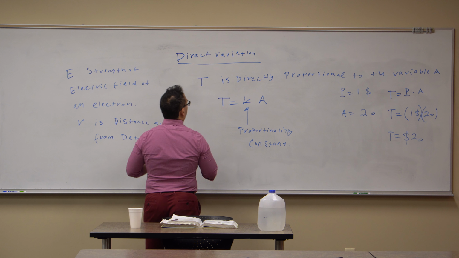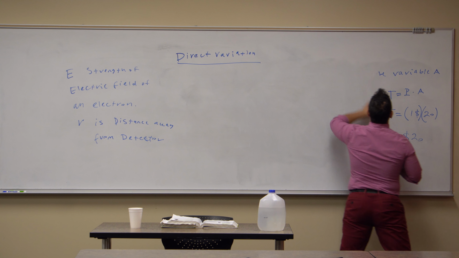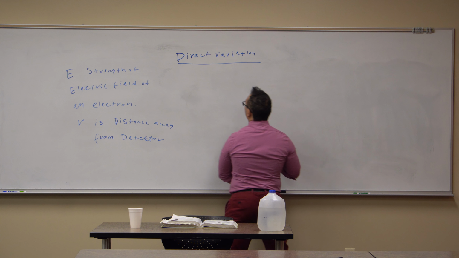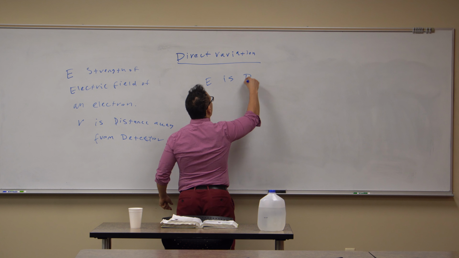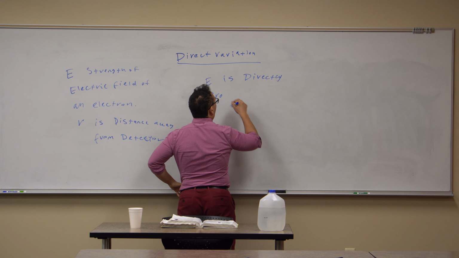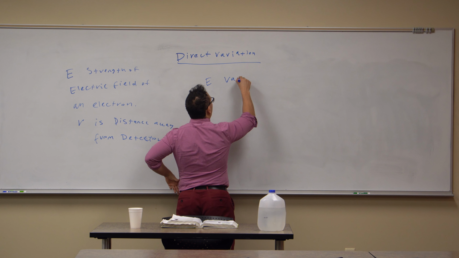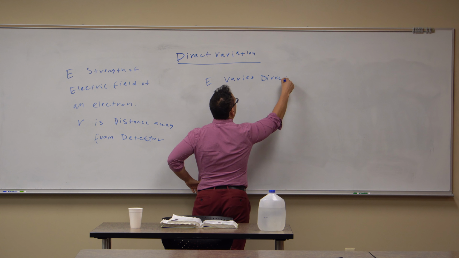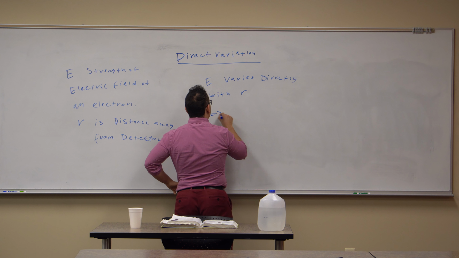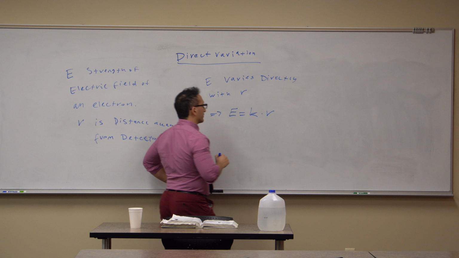What if, at this point, now I'm going to say E is directly proportional to R. Another way to say it is E varies directly with R. This implies that E can be re-expressed as some proportionality constant K times R. Okay?